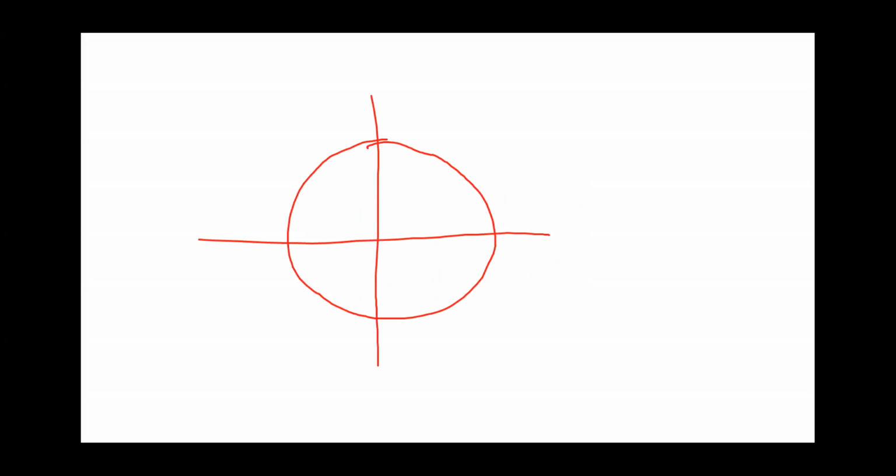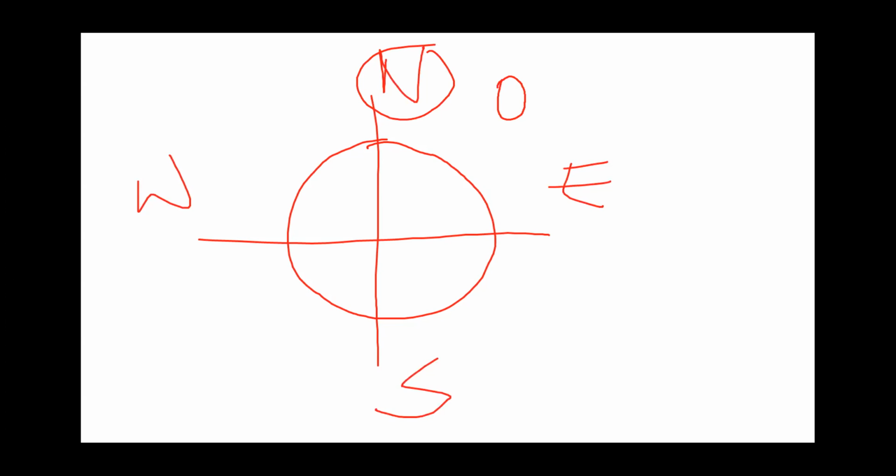Okay, so see, this is a compass. This is north, west, east, and south. In a compass, the north corresponds to 0 degree, followed by east, which is your 90 degree, and south, which is your 180 degree.